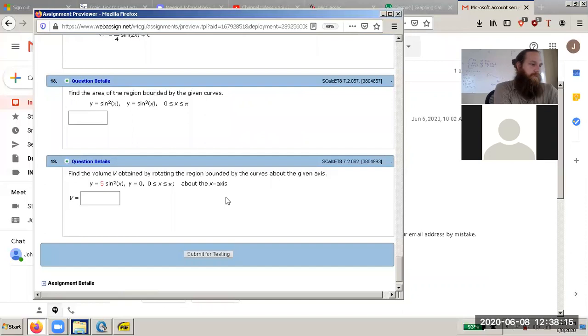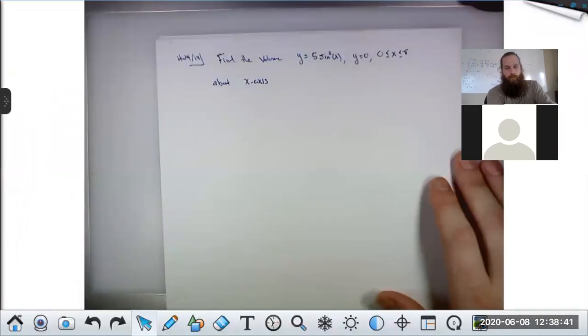So y is 5 sine squared x, and then we've got y equals 0, and x is between 0 and pi. I want to rotate about the x-axis. So, yeah, good stuff.